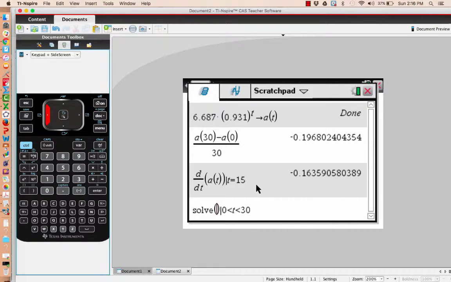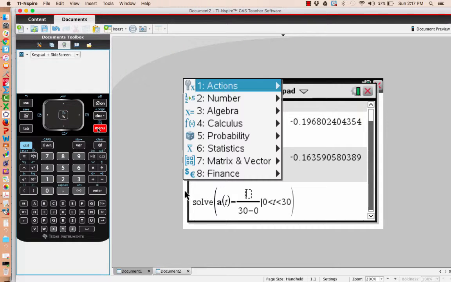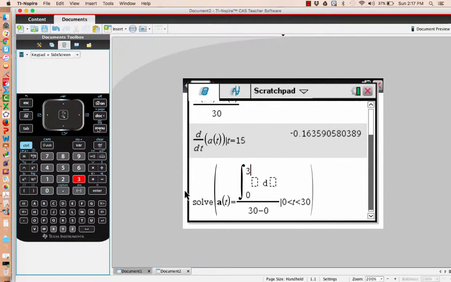Okay, now what am I solving for here? I want the actual amount of clippings, that's A of t, and I want that set equal to the average amount of clippings. So the average value of the amount of grass clippings is that expression that has the integral in it divided by the length of my interval, 30 minus 0. So my numerator is going to be here's my definite integral, 0 to 30, A of t dt.